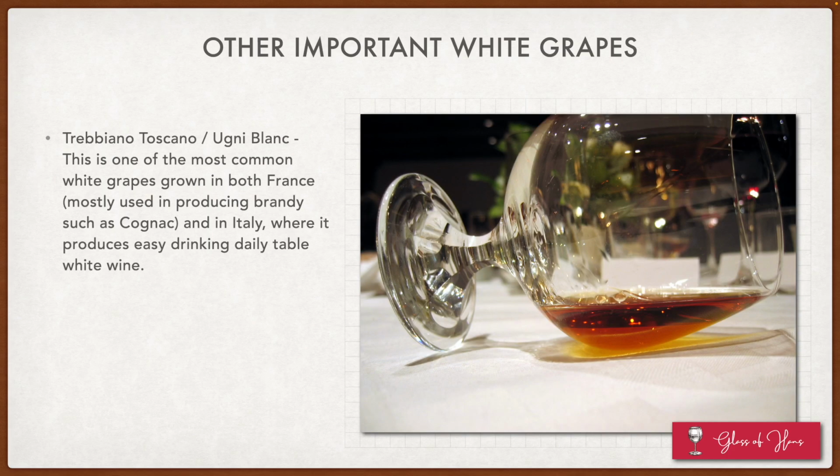Another important white grape is Trebbiano Toscano, or Ugni Blanc, and this is actually one of the most common white grapes grown in both France and Italy. While in France, it's mainly used in producing brandy like cognac, in Italy this is really the most everyday table white wine you have.